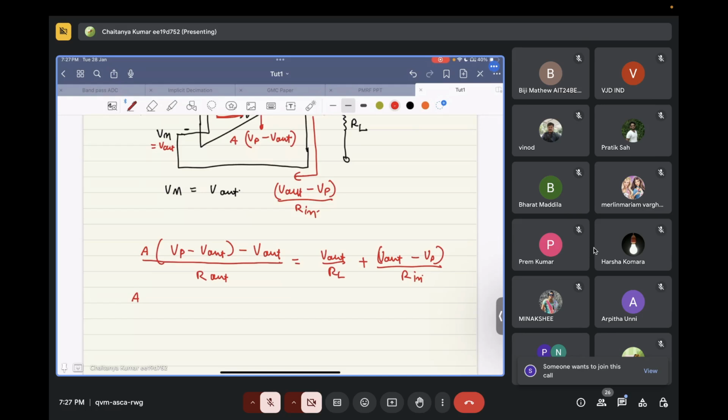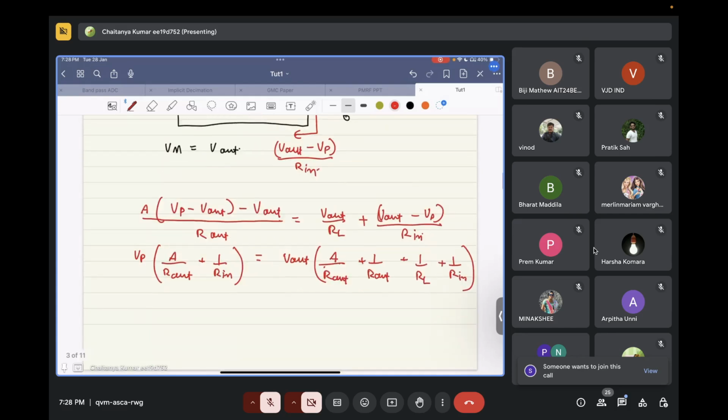So we will get Vp times A by R out plus 1 by Rn is equal to V out times A by R out plus 1 by R out plus 1 by RL plus 1 by Rn.